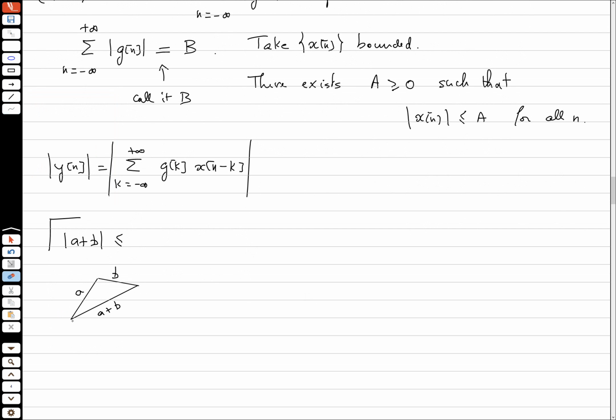Now you want to go from this point to that point. You go like that or you go like that? You go like that. Why? It's shorter. This is shorter than this.